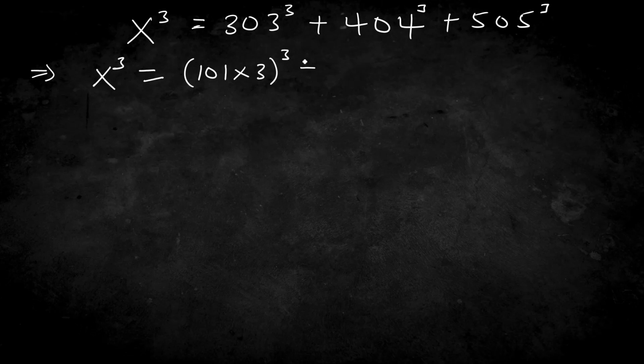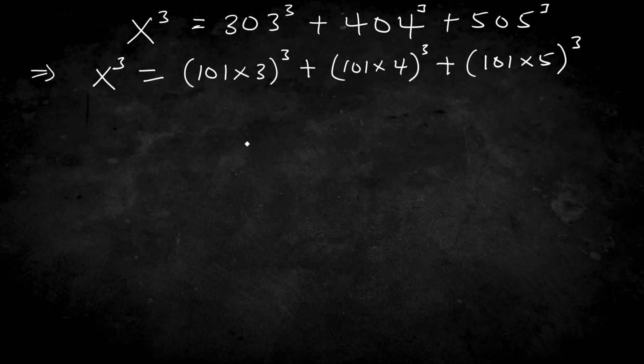Now let me do the same to this. We have 404, so 101 times 4, all to the power 3. 404 is the same as 101 times 4. Then we have the last one, 101 times 5 to the power 3.